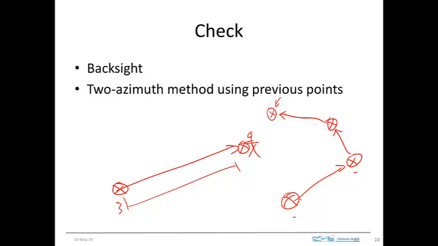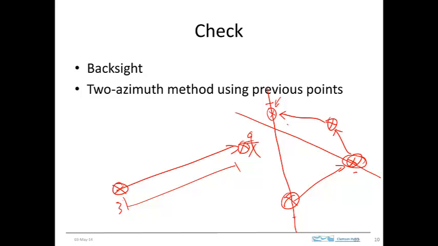use the 2 azimuth method by shooting a line from the point where we're located back to the point that we can see, and this would be, say, the azimuth through the first point, and then we measure the azimuth to the second point, and we have a line that's got to go through this point. And let's say the azimuth is through this point here, and this is the angle.